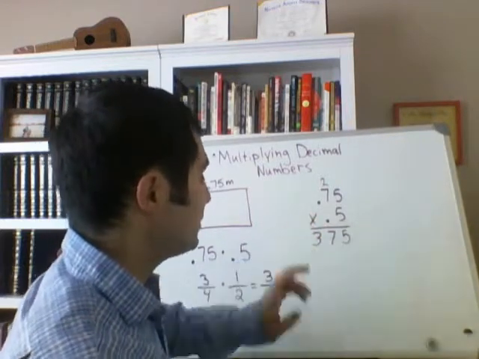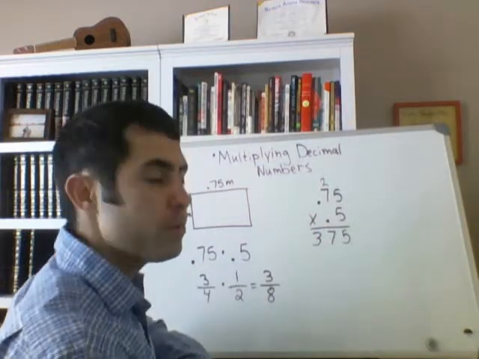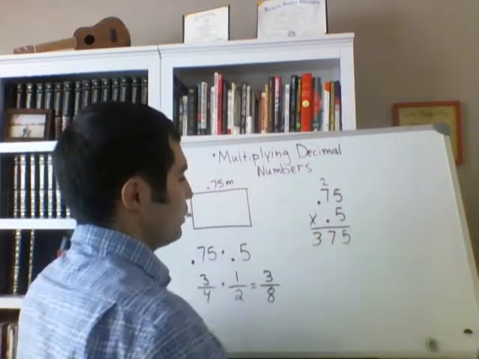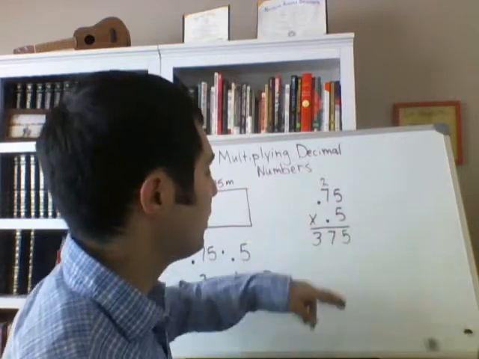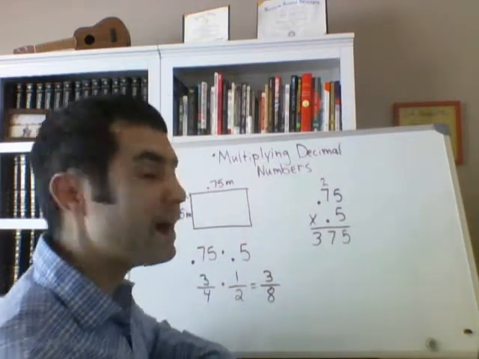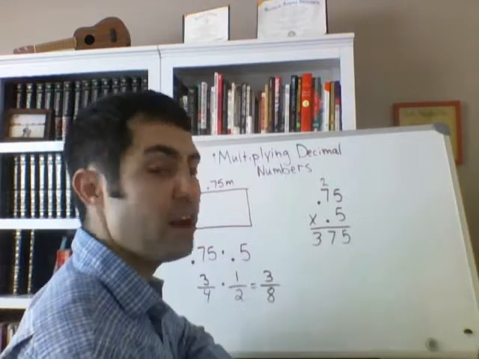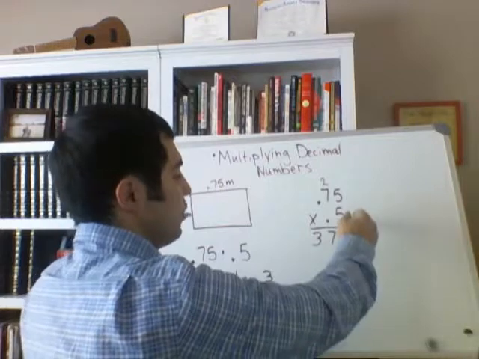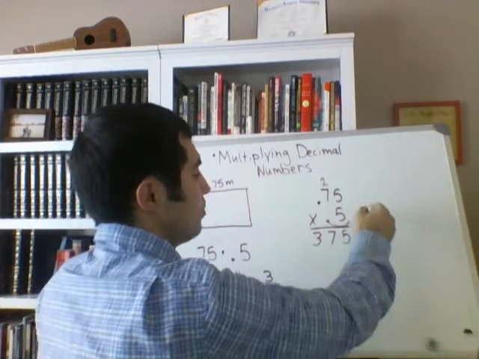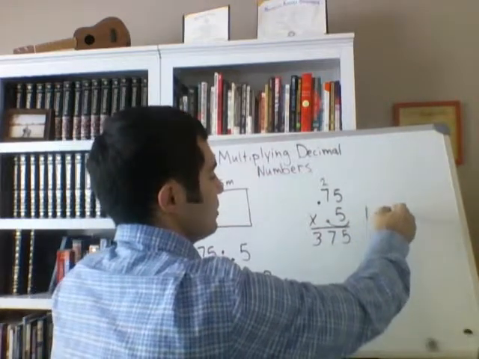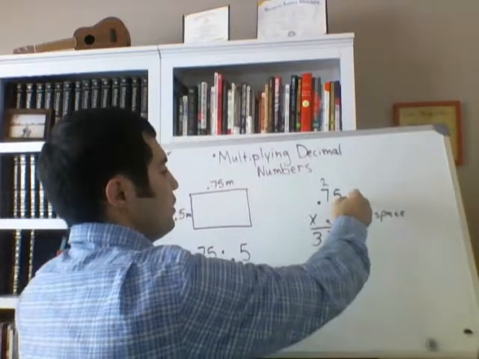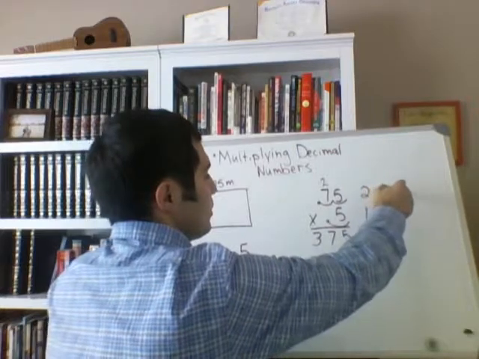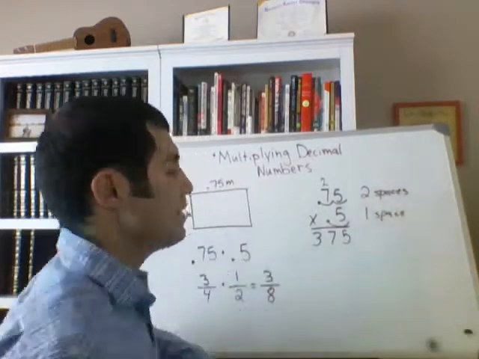Now this is an important point. Some of you may already know this. Basically, you have to figure out where the decimal point goes. If you have 75 cents and you multiply it by a half, or 0.5, you're not going to get $375. So you've got to figure out where the decimal point's going to go. Notice, in this number, the decimal point is over one space, and over here, 1, 2, that one's over 2 spaces.